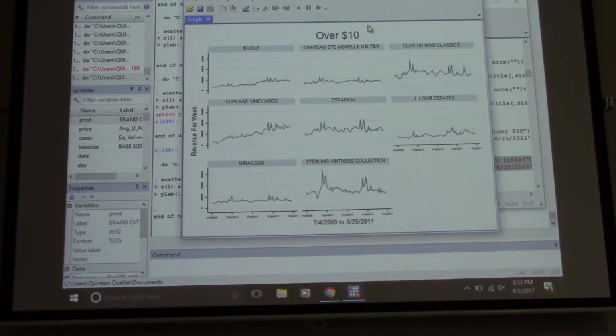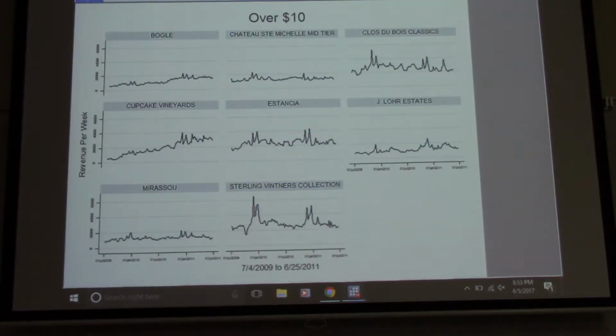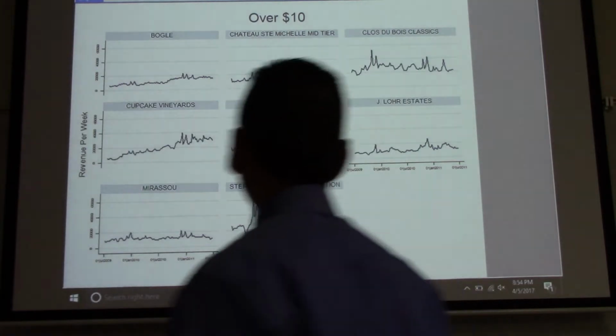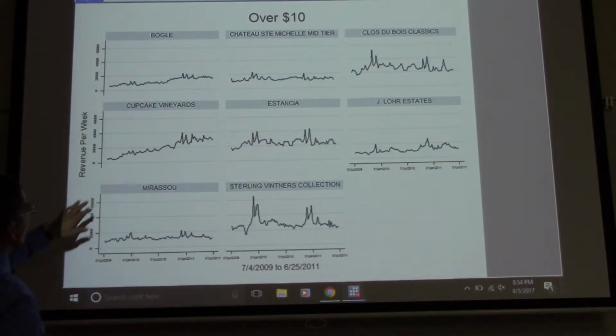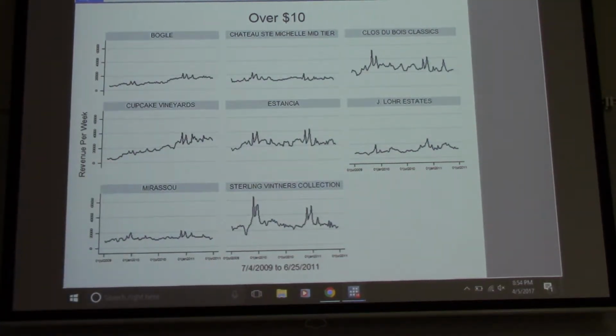We have the other price categories. All right, this is revenue. Let's see, what's going on with Cupcake? It looked like it was doing better the last time we looked at it, relative to all the brands, as opposed to relative to just the over $10 brands.